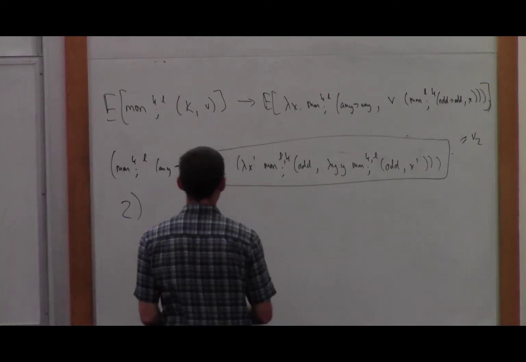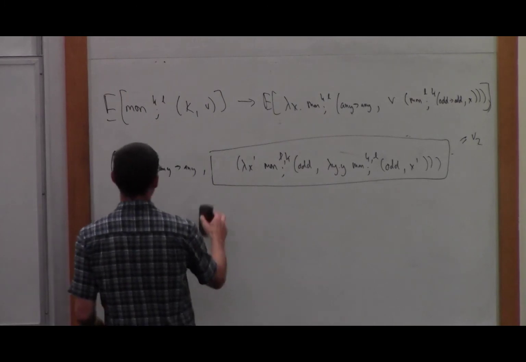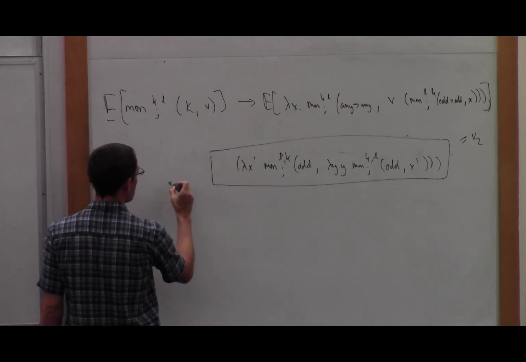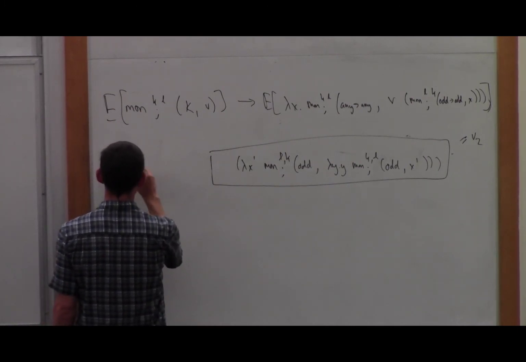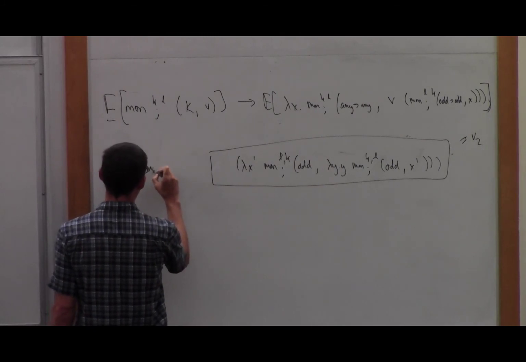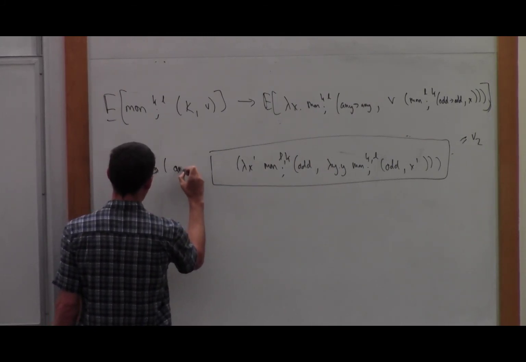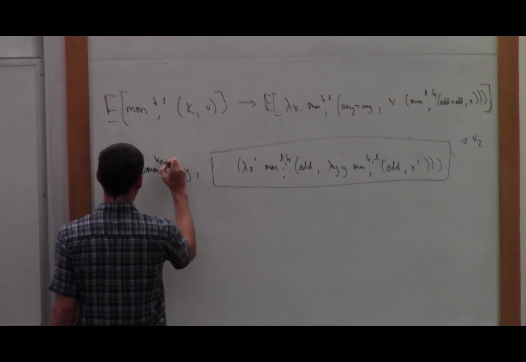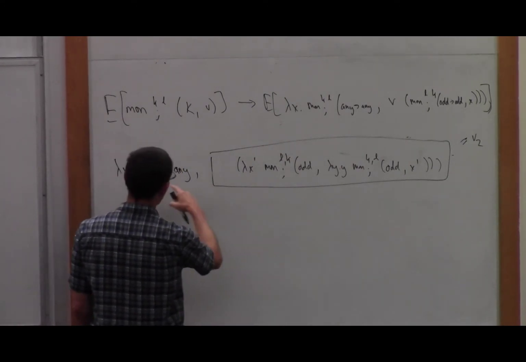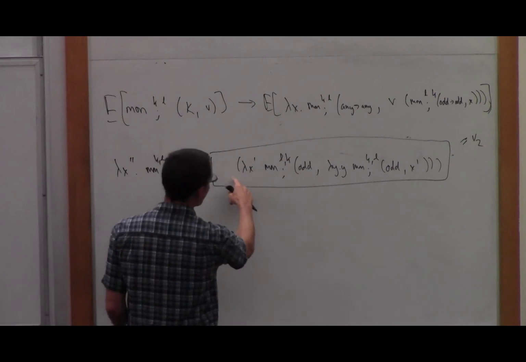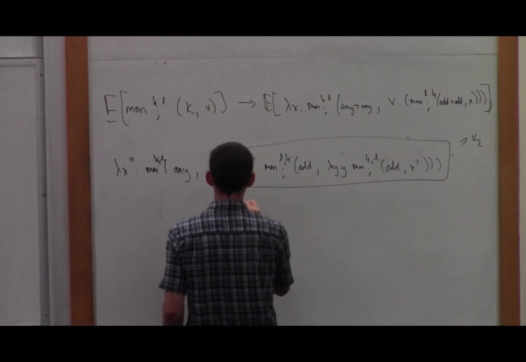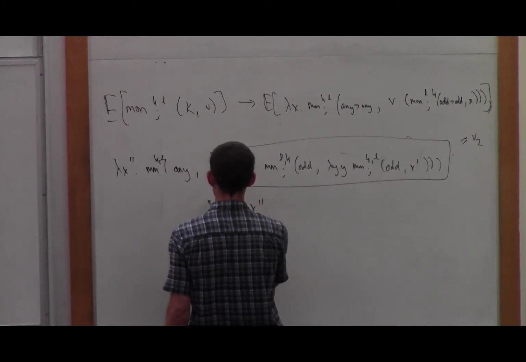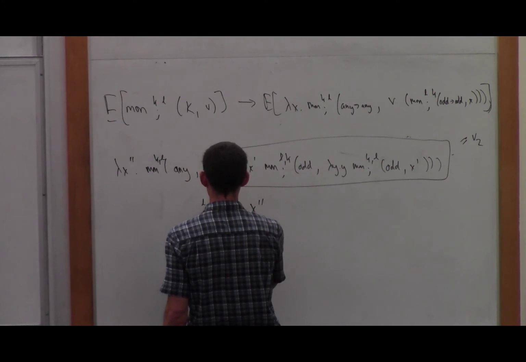So that's going to reduce to lambda x double prime monitoring any with blame labels k and l, and then applying this to x double prime monitored at any with blame labels l and k.